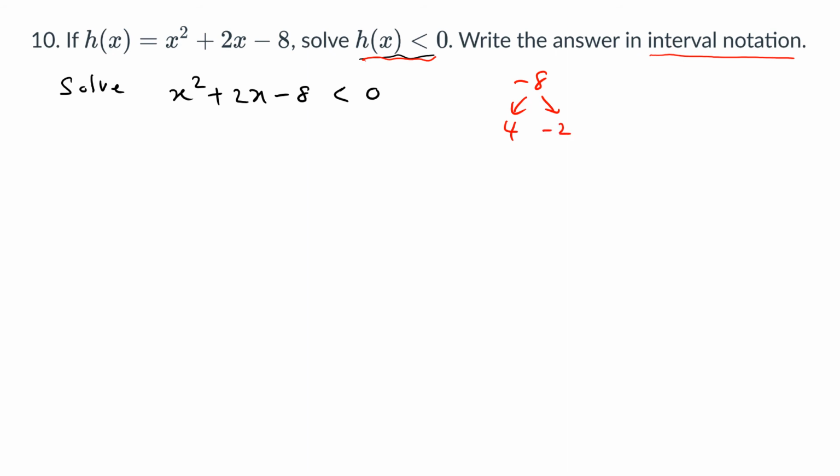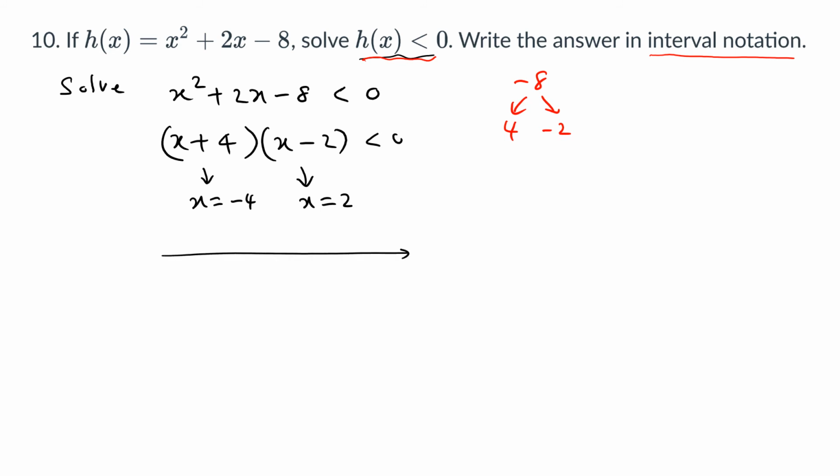And that means the factoring is simply x plus 4 and x minus 2, negative. And again, the zeros are x equals -4 and x equals 2. Those are the two zeros you get. Draw the number line and put them in order. So -4 and 2. We know that this is positive, negative, positive.